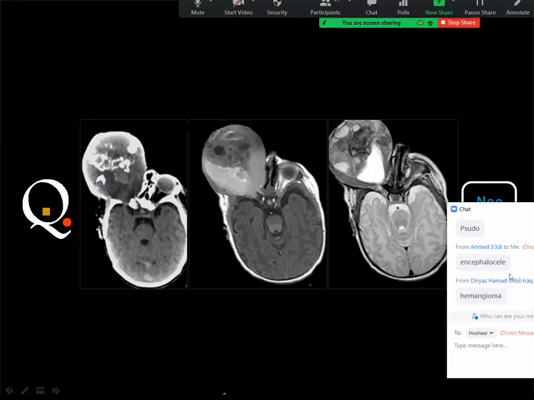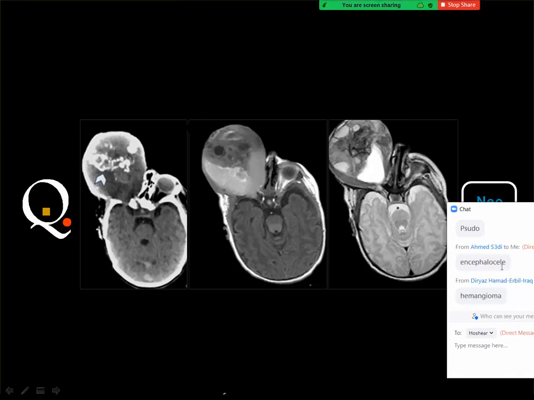No, this is not a cephalocele and is not a meningioma. The mass contains calcium and fat, which is bright in the T1 and less bright in the T2.